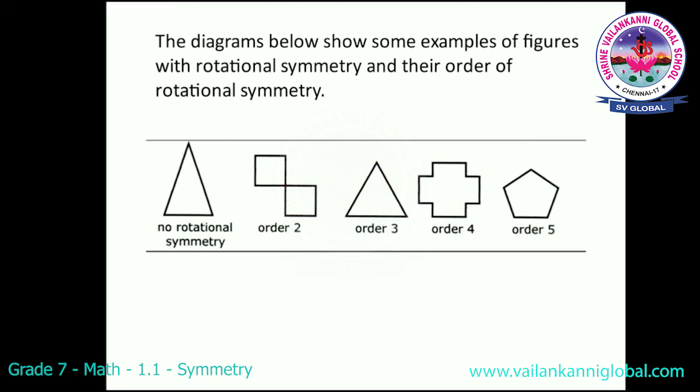Then the third figure has order 3 because it is an equilateral triangle. Then the fourth figure is a four-sided figure, so it has order 4. Then the fifth figure is a pentagon, so its order is 5.